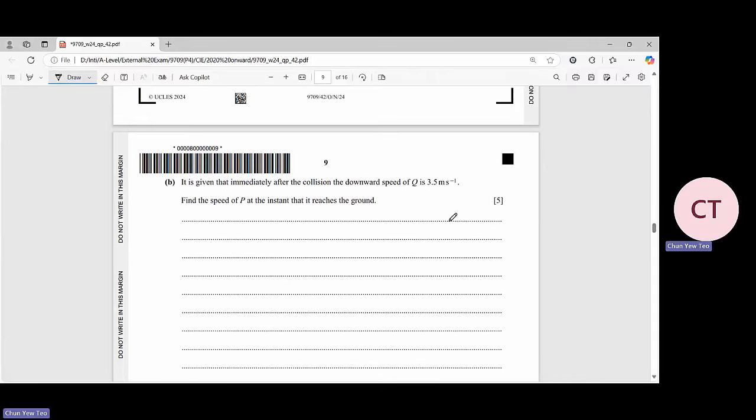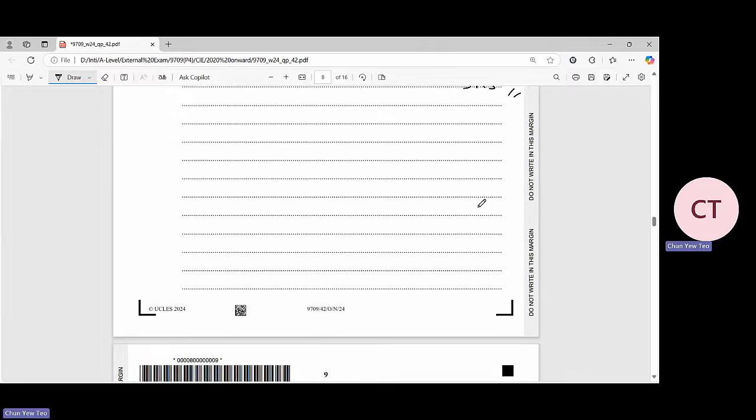So for part B, it is given that immediately after the collision, the downward speed of Q is 3.5 meters per second. Since they collide, we need to use conservation of linear momentum. So I would write PCLM over here, principle of conservation of linear momentum. Since both of them are now in the same direction, I will treat my velocity of P as 3, not negative 3 anymore.